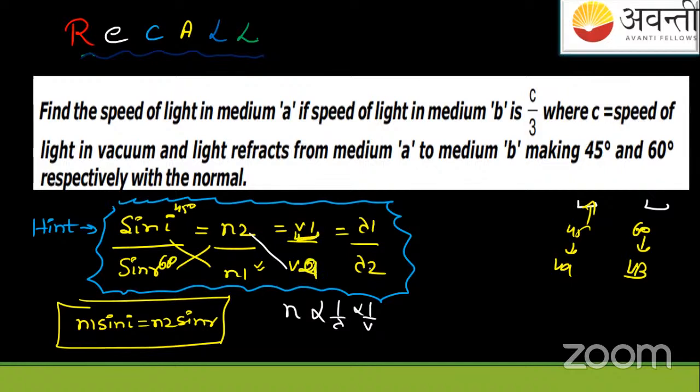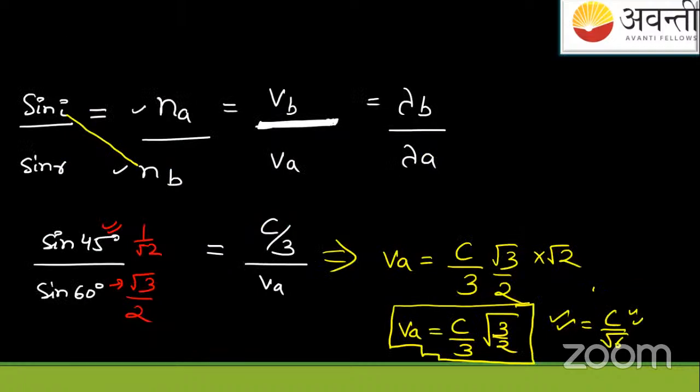You will use VA here because these are opposite. You'll use VA here and VB here. VB here is C by 3. So you'll get C by 3. This is sine 60, root 3 by 2. This is 1 by root 2. This will give you root 2 here. So from this, you get C by root 6 as the answer. Got it? This is the speed in meter per second of medium A.